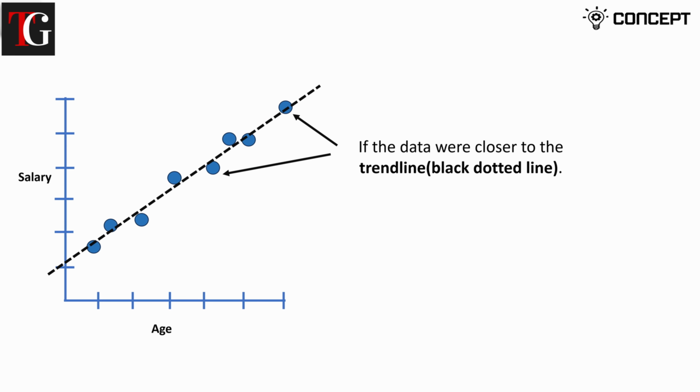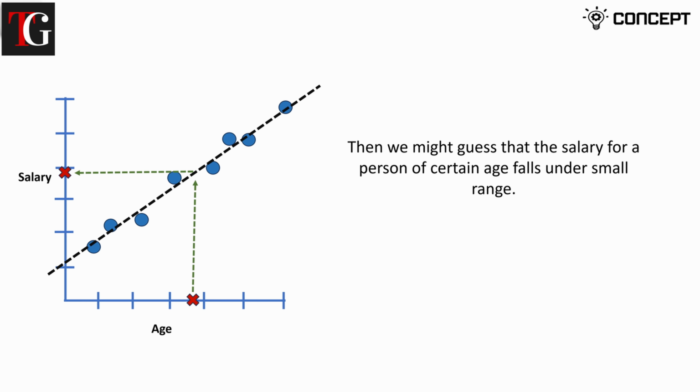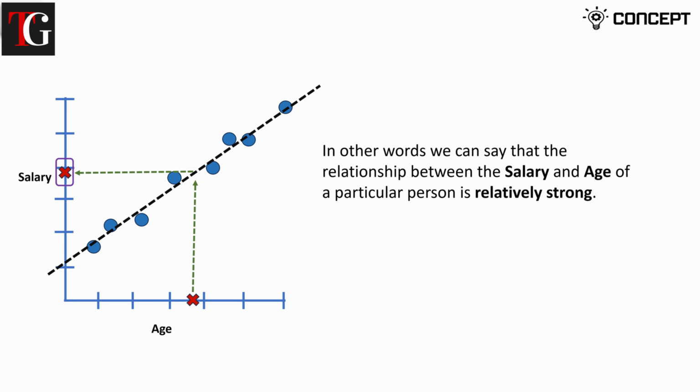If the data were closer to the trend line, that is the black dotted line, then we might guess the salary for a person of a certain age falls under a small range. In other words, we can say that the relationship between the salary and age of a particular person is relatively strong.